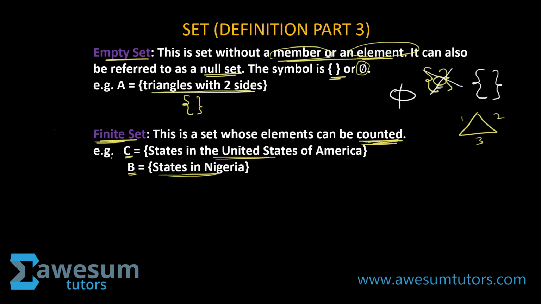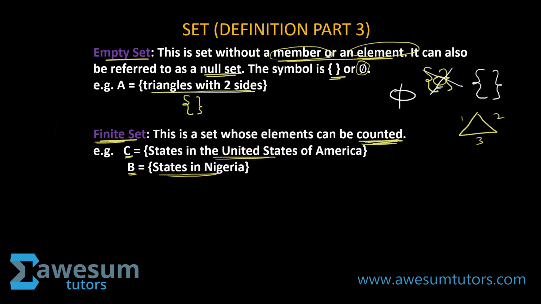Just like when you are asked to list the students in the University of Lagos, Nigeria, you can count that. Or the students in Harvard University, you can also count that. That is a finite set.